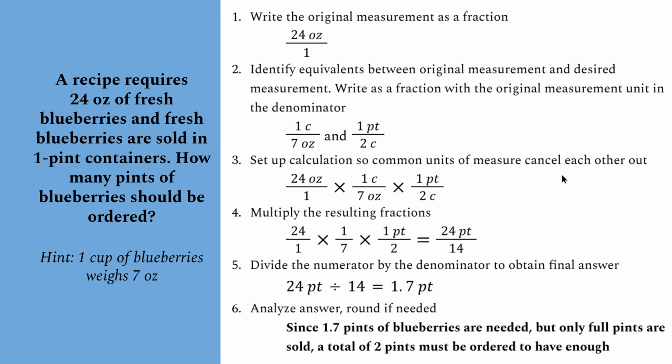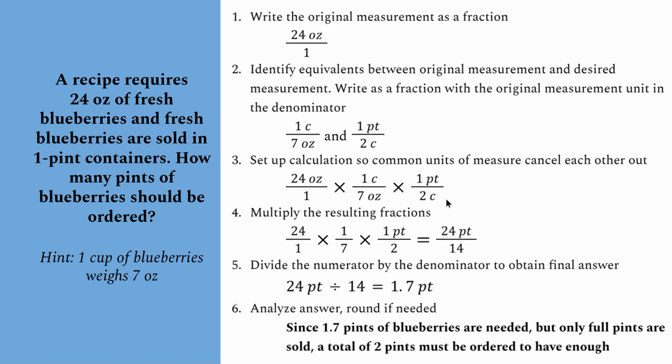So let's set up our calculation. I'm going to set up the calculation to make sure that the common units of measure cancel each other out, meaning they have to be opposite of each other. So I'm starting with 24 ounces, and I know that 1 cup is 7 ounces. So 7 ounces here and ounces on top over here. Cancel those ounces out. I'm left with the 1 cup measurement on top and the 2 cup measurement on bottom.